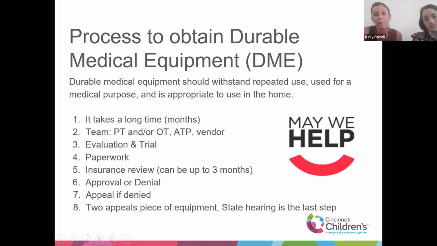Yes, so also if we are running into issues with getting it approved, we can use a backup of May We Help. I also like to think of May We Help if we have unique situations where we really need creative volunteers of engineers, industrial designers, inventors, welders, woodworkers, seamstresses, doctors, OT, PT, who all come together in this amazing organization to help design and build and deliver custom devices at no cost to hundreds of clients every single year.